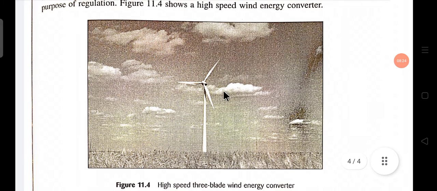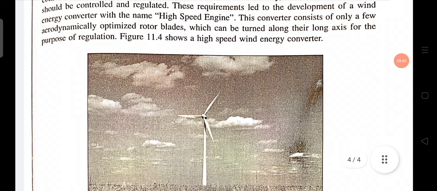Nowadays this type of wind energy converter is used for converting wind energy to electric energy. It has three aerodynamic blades, very long blades, for getting high speed.